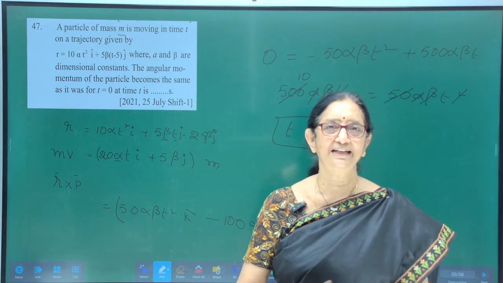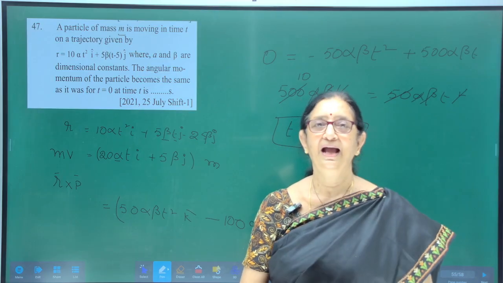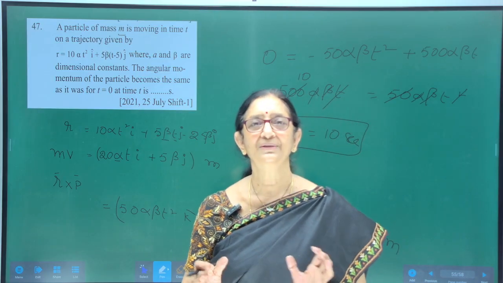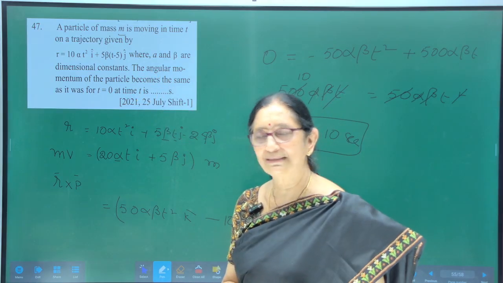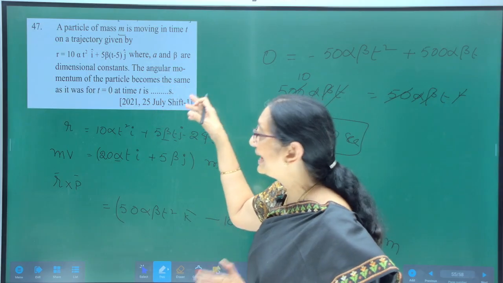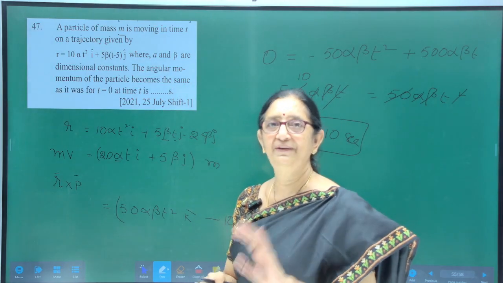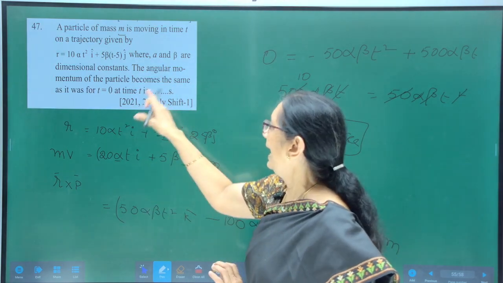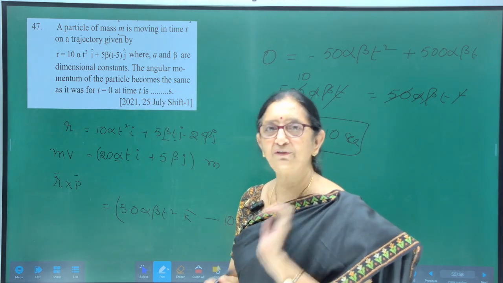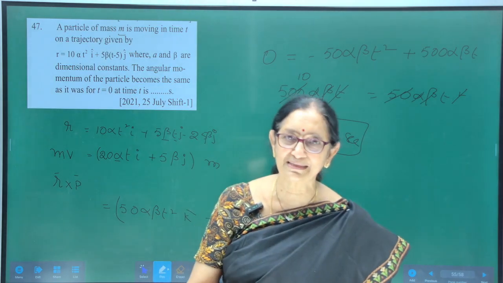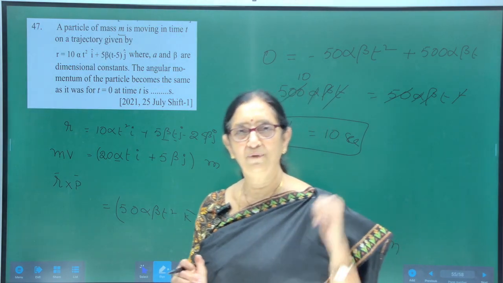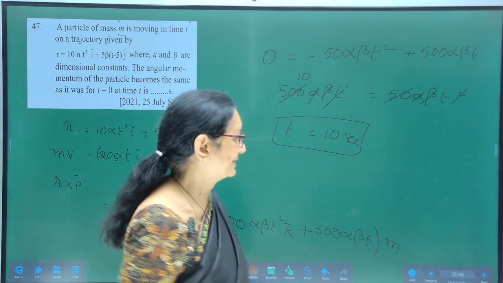At t is equal to 0 also the angular momentum is equal to 0. So, that is the meaning. The angular momentum of the particle becomes the same as it was for t is equal to 0 at time t, so you need to find t. So, at 10 seconds and at 0 seconds, the angular momentum of the given body is the same.